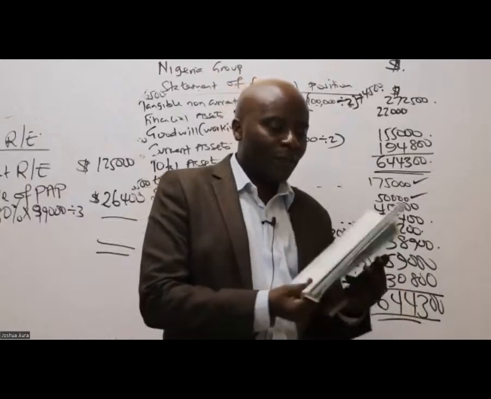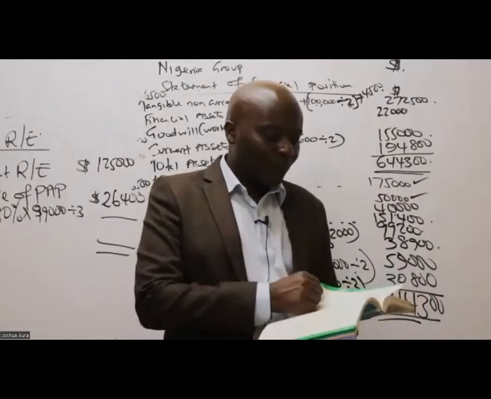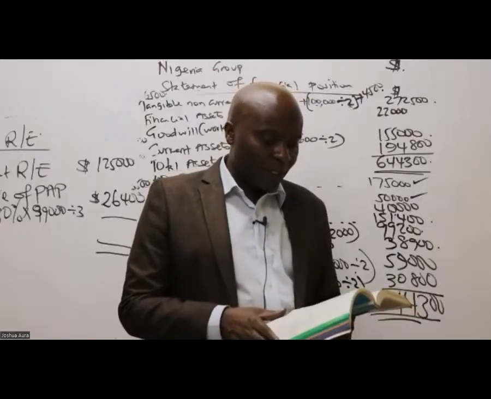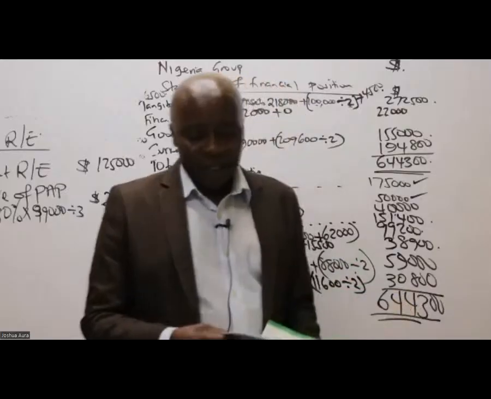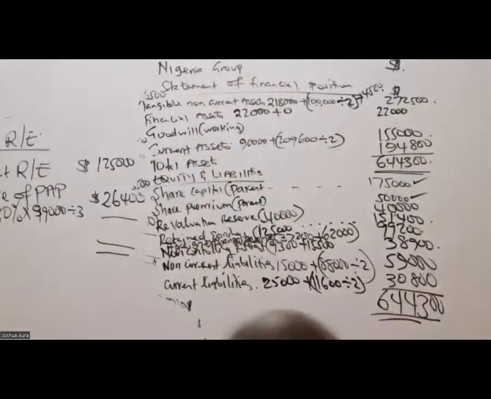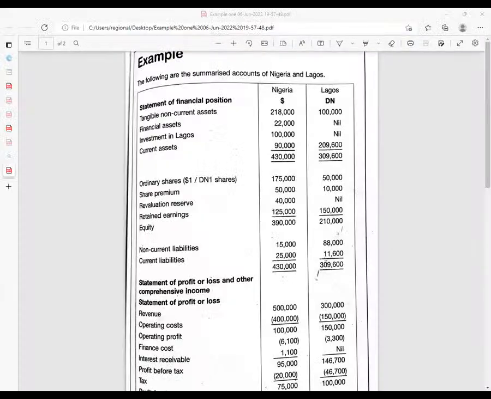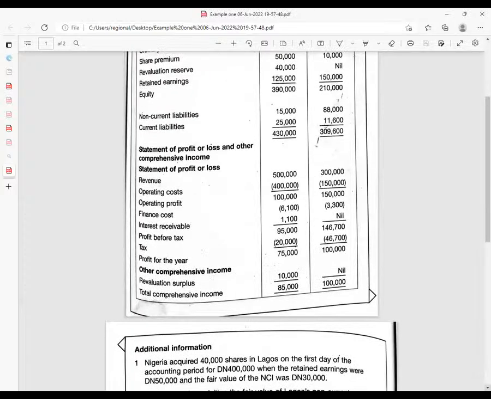Now, ladies and gentlemen, given this little time left, we need to go ahead and capture the income statement. The income statement is very easy. This is the easiest, consolidated income statement. We are told here they have given us a statement of profit or loss and other comprehensive income.